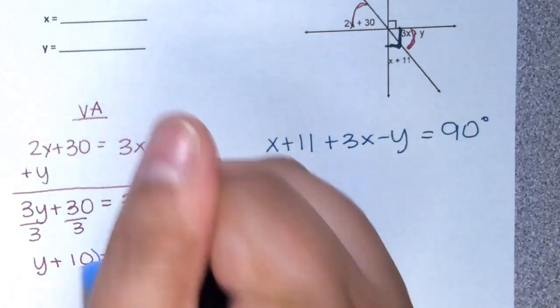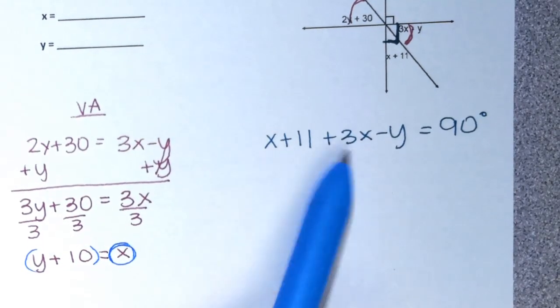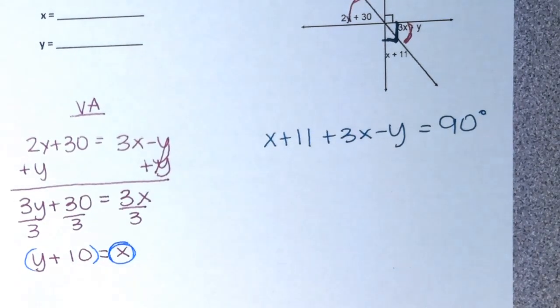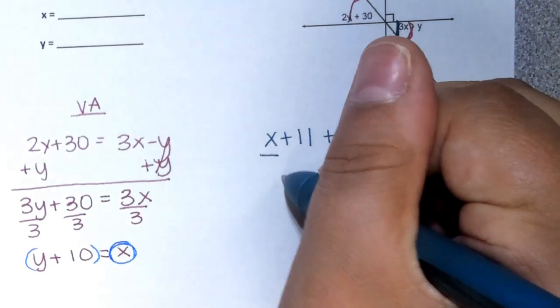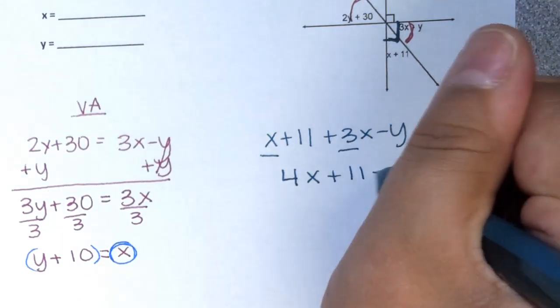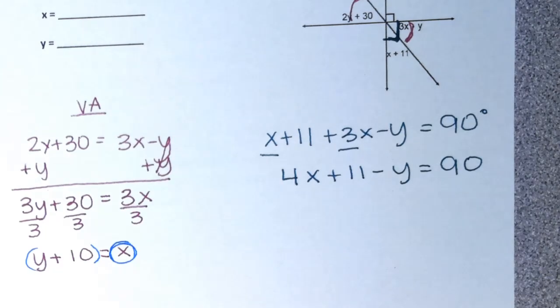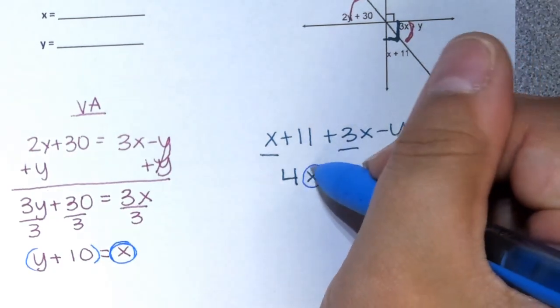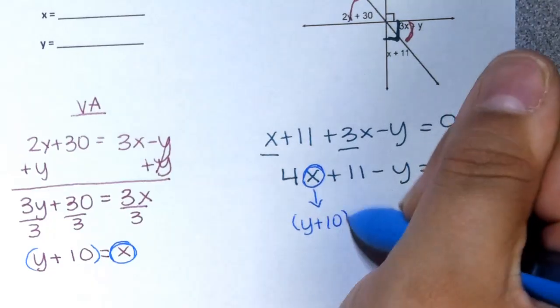I'm going to put this in parentheses and circle my x. Now, before I go do that, what do y'all notice right here? Just so I don't have to plug into x twice, I have two x's here. I'm going to make this 4x plus 11 minus y equals 90. And then, instead of x right there, what am I going to plug into that? y plus 10.